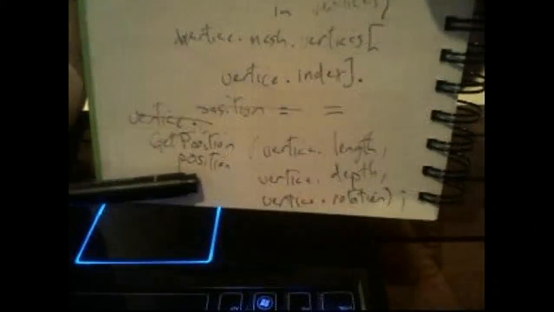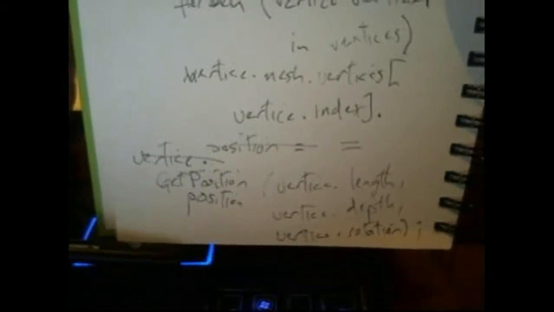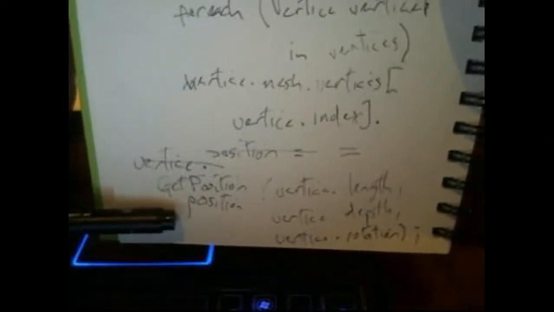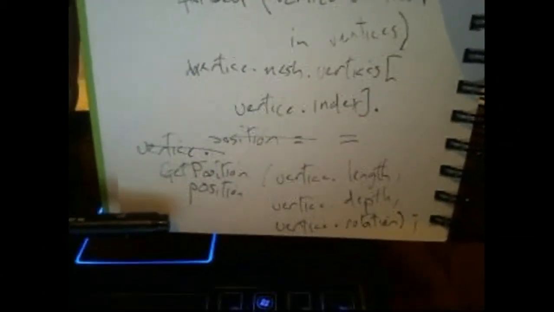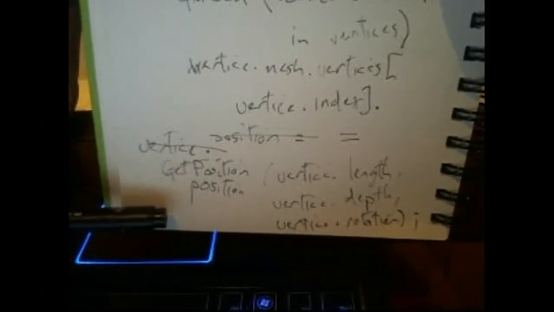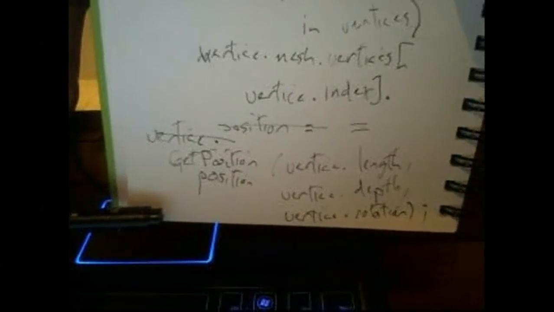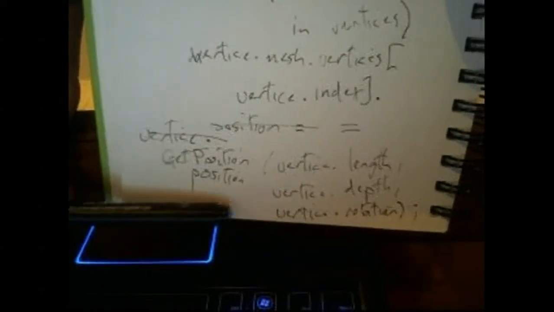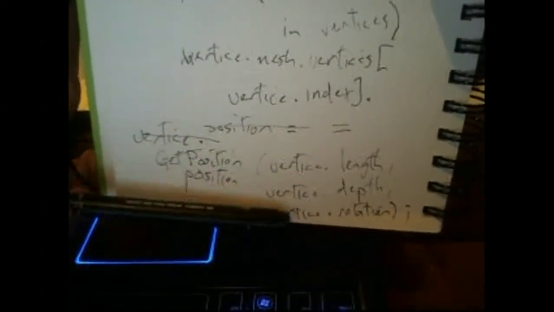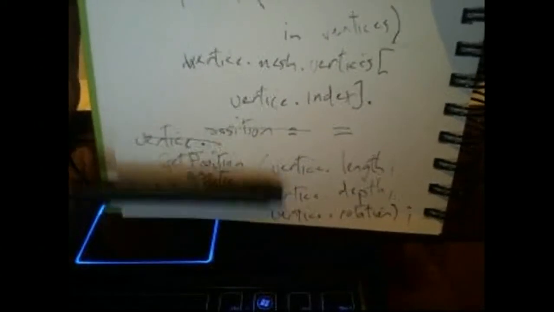We're inside the segment class, and it has a function position, which you just pass length, depth, and rotation. It will tell you what the position is of the point on that segment.